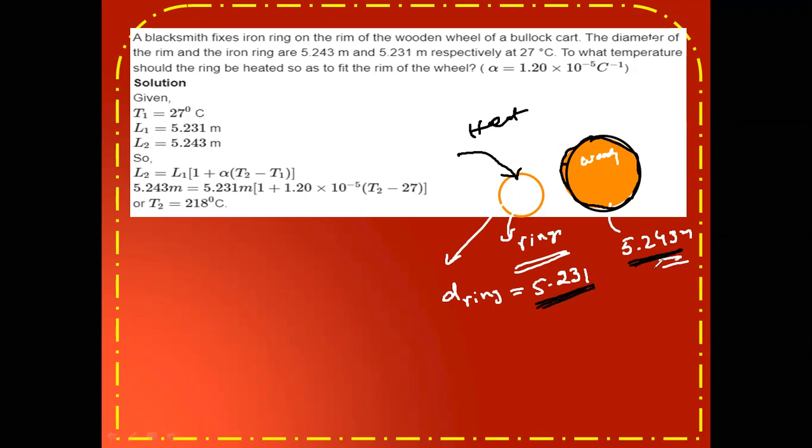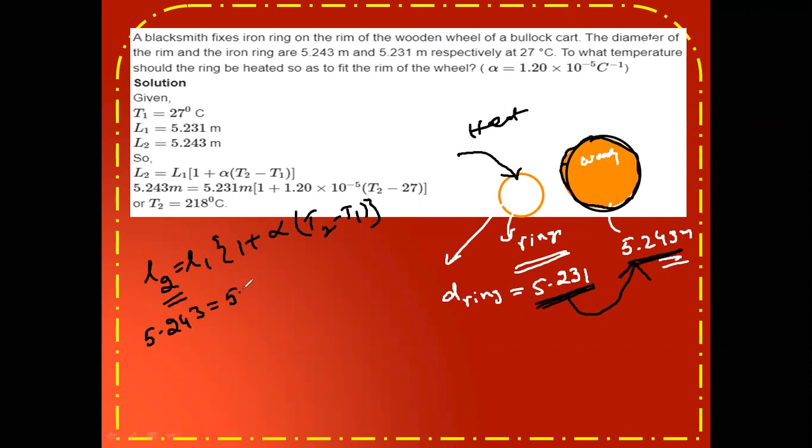I want to find out the temperature at which the diameter of the ring changes from 5.231 to 5.243. Which formula do I have to go for? You can go for the formula L2 = L1 (1 + alpha (T2 - T1)). L2 is the final length, 5.243.